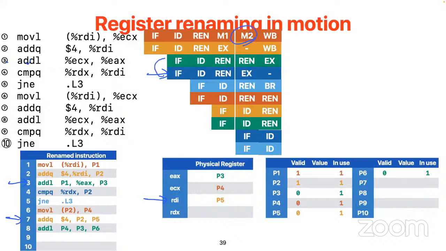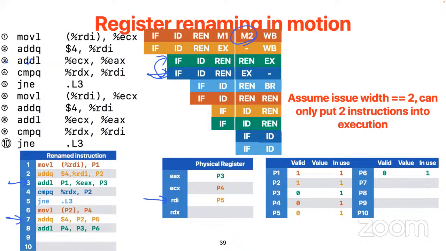So you actually flip the order of execution of 3 and 4 in your pipeline. Now you might wonder why, at this point, I shouldn't be able to have this instruction in execution, because my memory unit is actually free. However, we have the limitation that each time we can only put two instructions into execution.